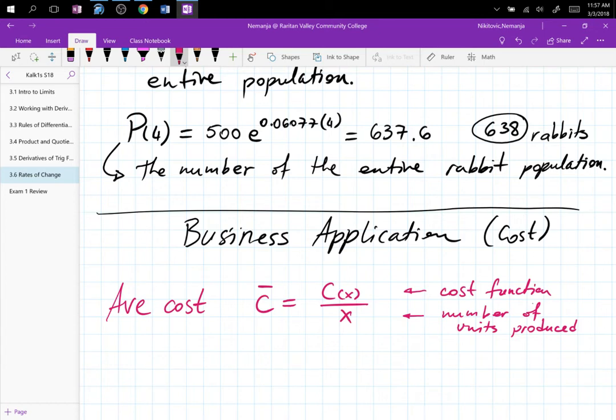So, the more units produced, the lower the cost of production actually is, and the cost of the product, right?